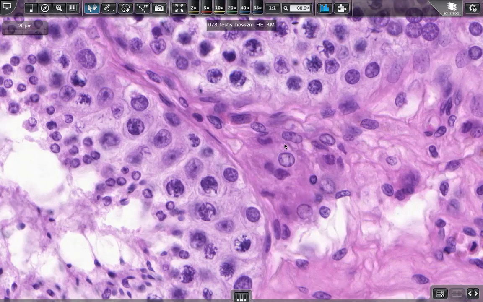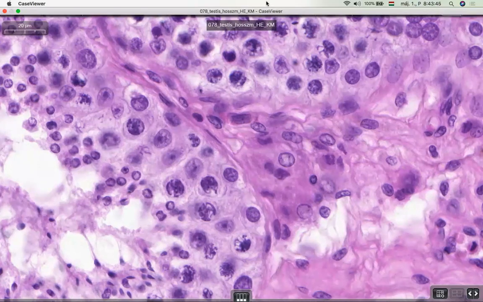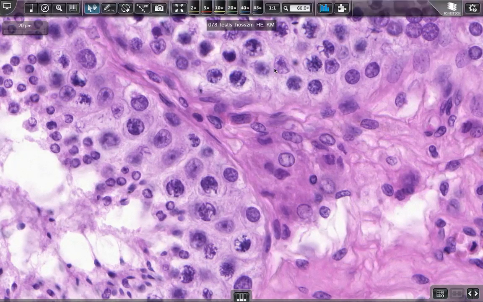Leydig cell. So Leydig cells secrete testosterone. They are also called interstitial cells because they are located between the seminiferous tubules. So they are the hormone-producing cells of the testis.